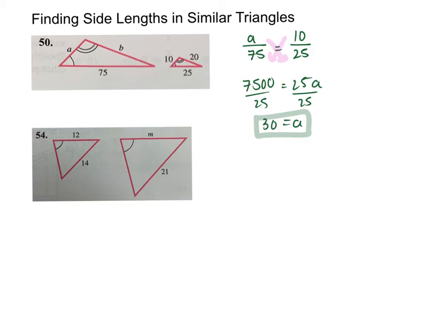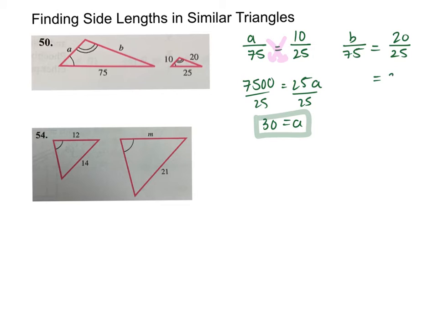So this time around, I want to find B, and I have one of the sides, which is 75. 75 matches up with the other triangle, which is 25. But the B on this triangle matches up with the 20, so I need to make sure 20 is on the top. And so then again, I would multiply diagonally to try to solve for B. So this would be B times 25.